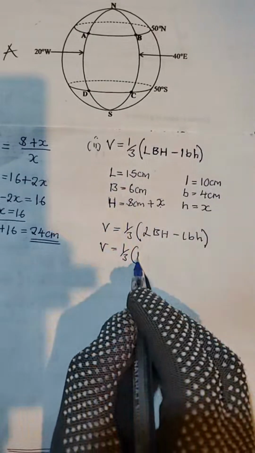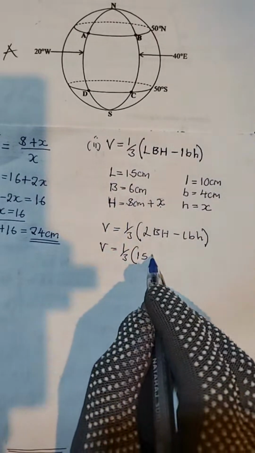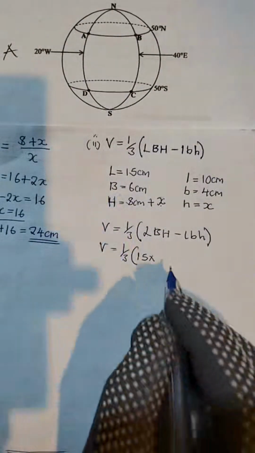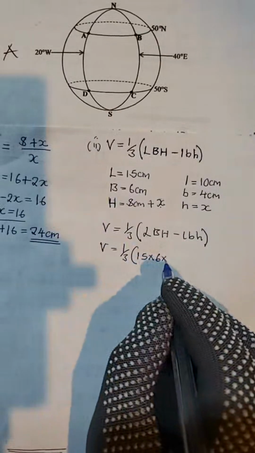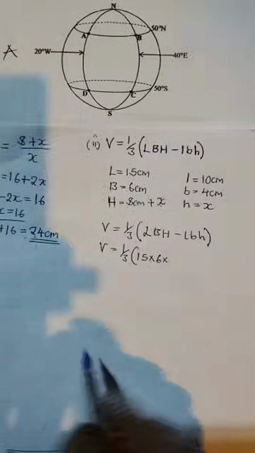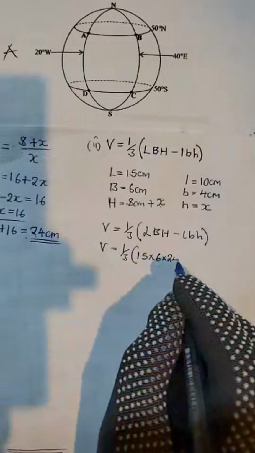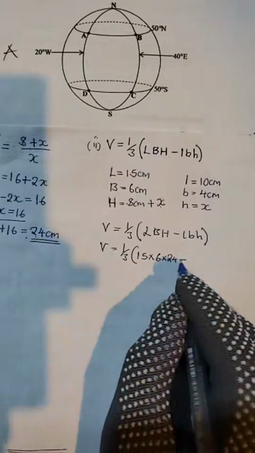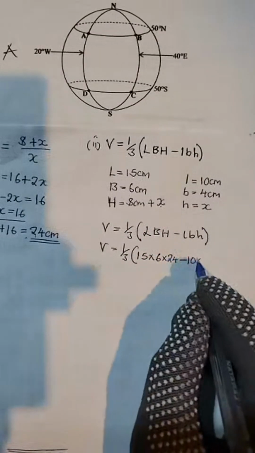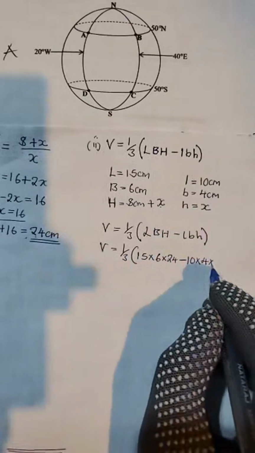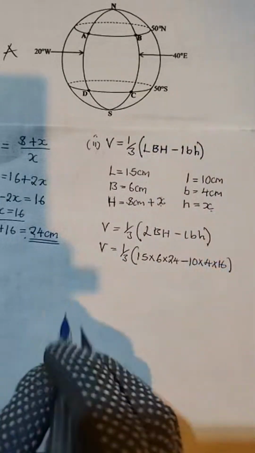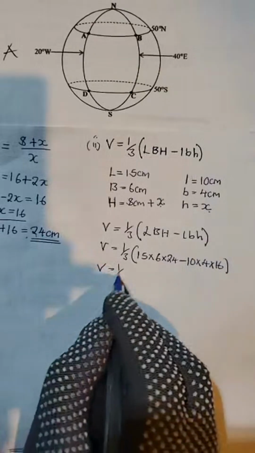It is 15, times the breadth of the larger pyramid, which is 6, times the height, which is 24, minus the length here, which is 10, as you can see. So 10 multiplied by B, which is 4, multiplied by x, which is 16 here. Volume is equal to 1/3.